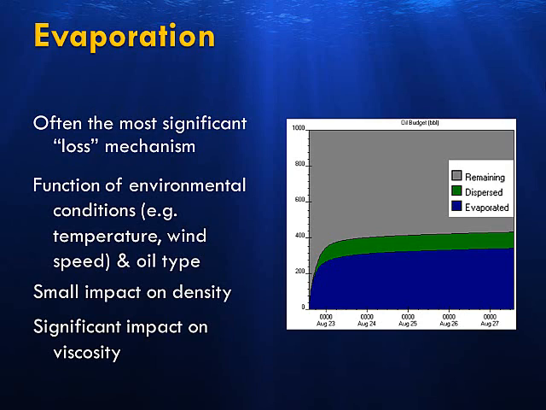Evaporation, particularly for lighter fuels and lighter oils, tends to be one of the major loss mechanisms of a surface slick, because if an oil has a lot of light end compounds, they're going to evaporate more easily, and so you can potentially lose a high volume of your initially spilled oil just from evaporation alone, depending on what the wind conditions are and so on.